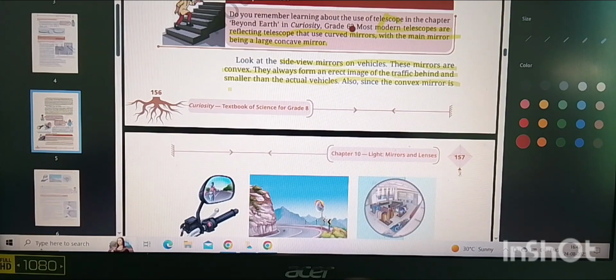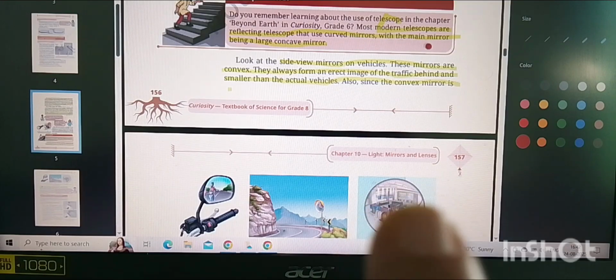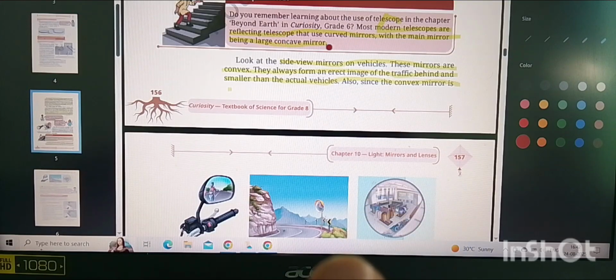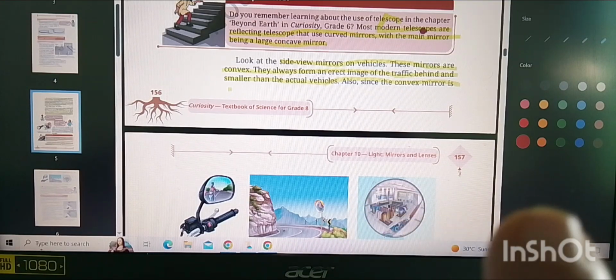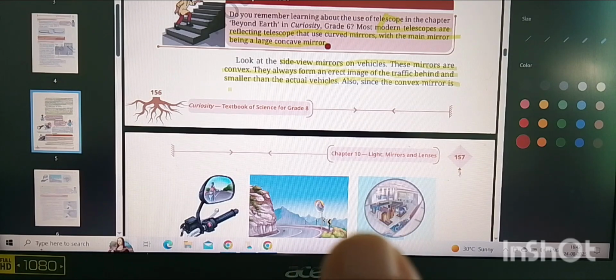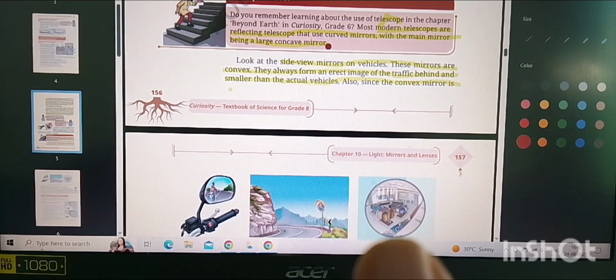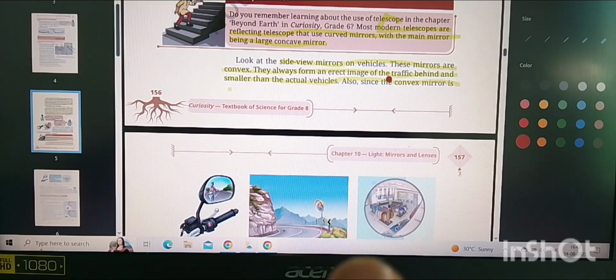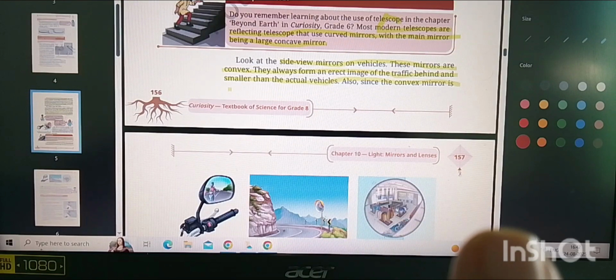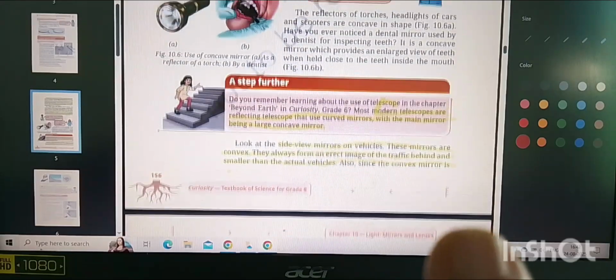Here in this box you can see a modern telescope, or reflecting telescope, that uses curved mirrors, with the main mirror being a large concave mirror. That is, a modern telescope actually uses a concave mirror. Now we can learn about the applications of both concave and convex mirrors, given in this image.